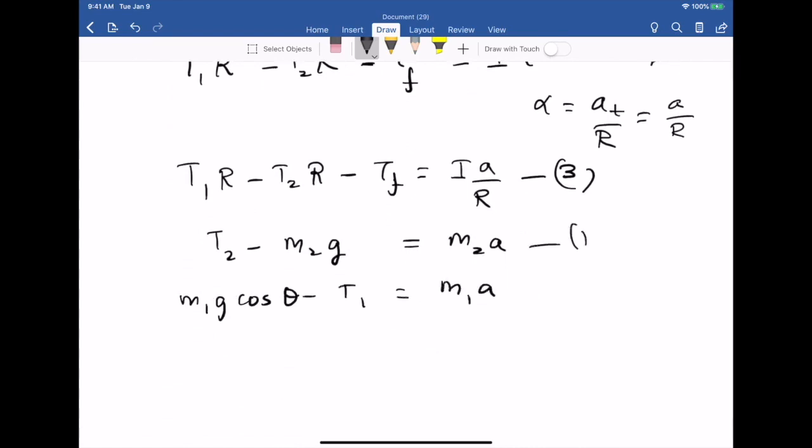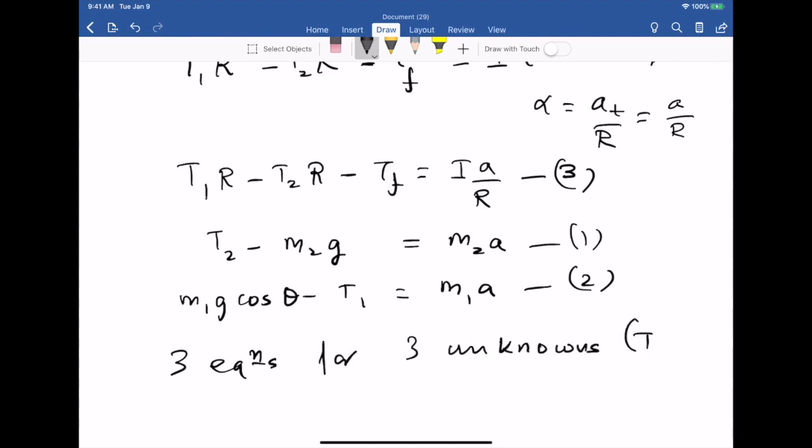So we have three equations for three unknowns, T1, T2, and A, right? So the physics part of this problem is done. The physics has done its job and given us three equations for our three unknowns. Now it's just a matter of algebraically solving these equations and finding the unknowns.